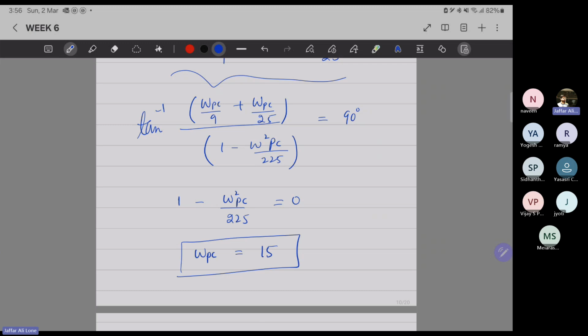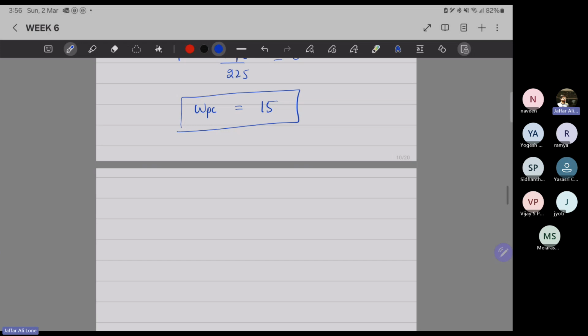Now at this frequency, I need to find the magnitude. The magnitude of G(jω) at ω equal to the phase crossover frequency, which is 15. If I put the values, it will be 150 over 15 into the square root of 306 into the square root of 850, which is equal to 0.0196.